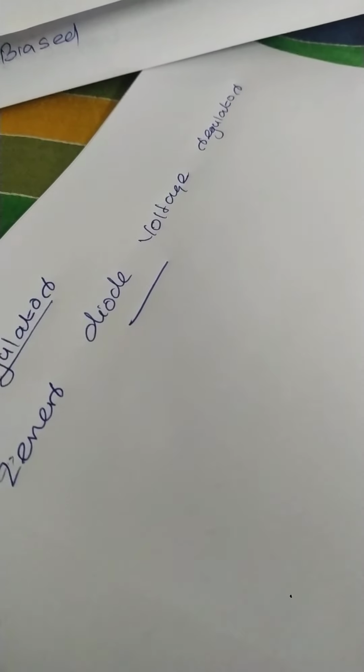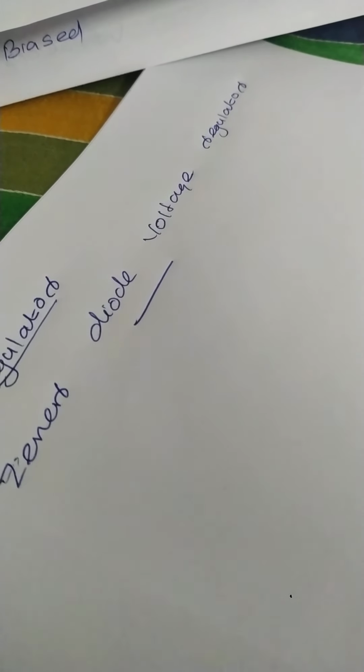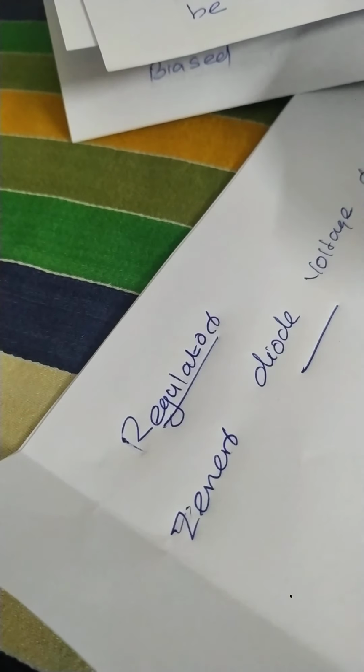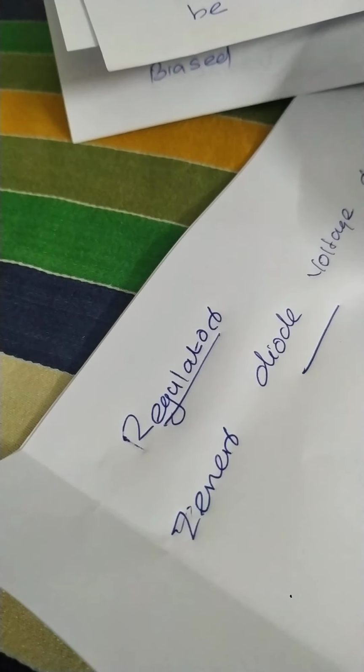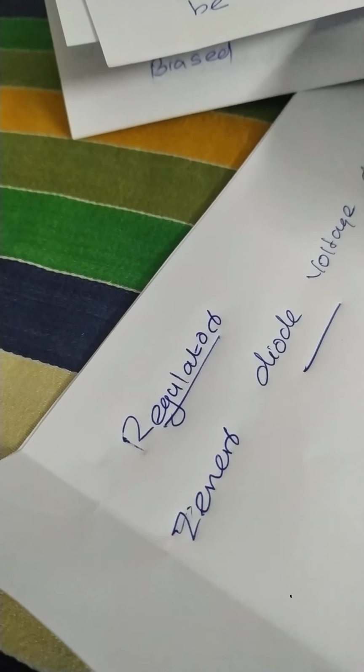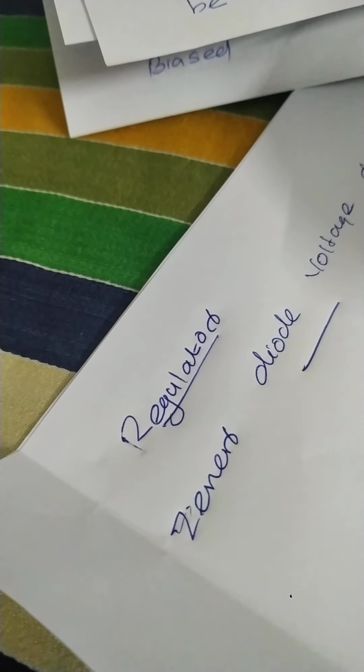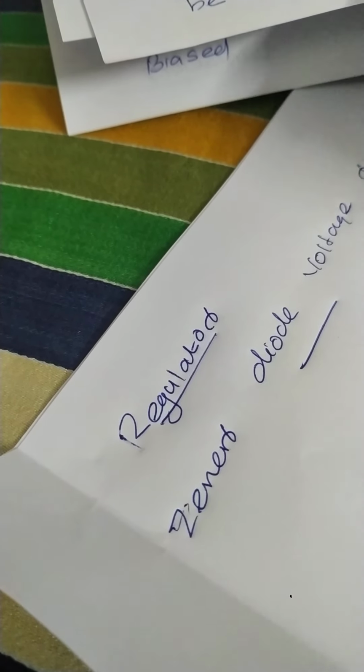I think in the workshop you have already become familiar with the Zener diode. The symbol is like this. This is the anode part, this is the cathode.